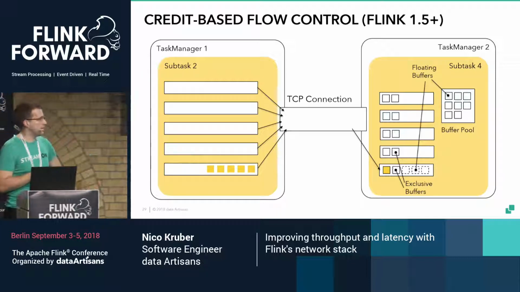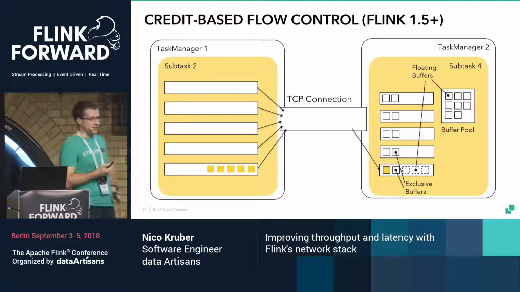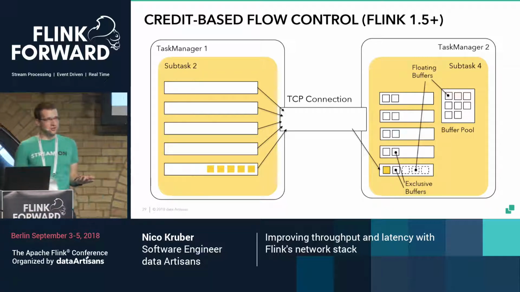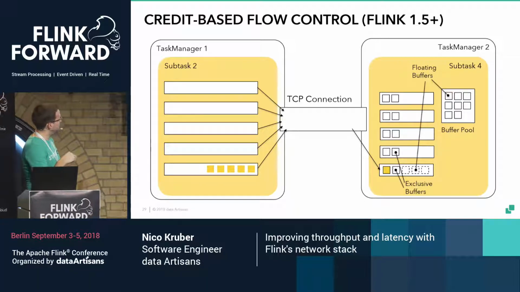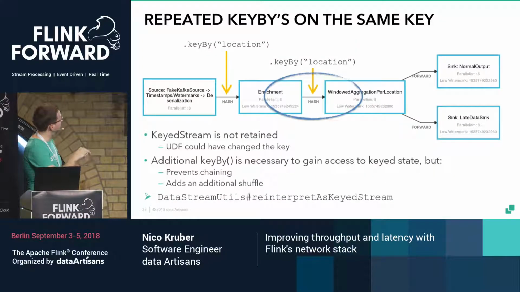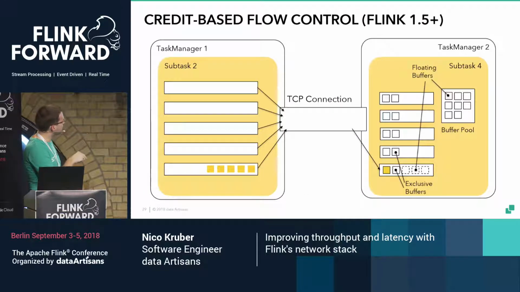So this is what will happen in that second one. Since we are already keyed and we didn't change the element, the output of the enrichment here towards the window will actually only use one output channel, and that's a local channel.